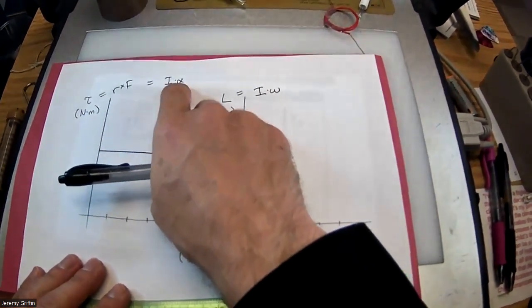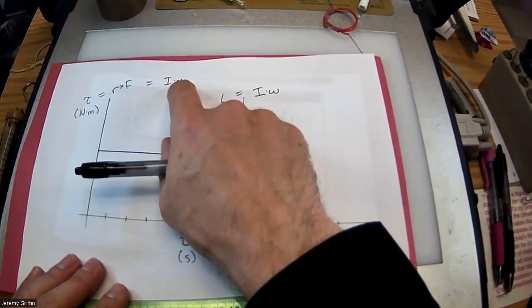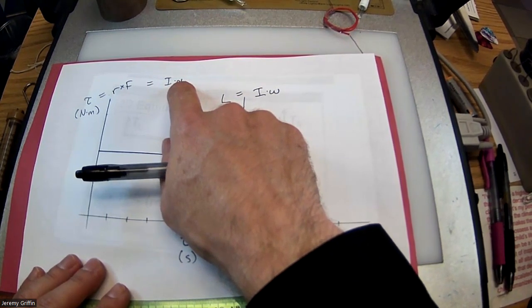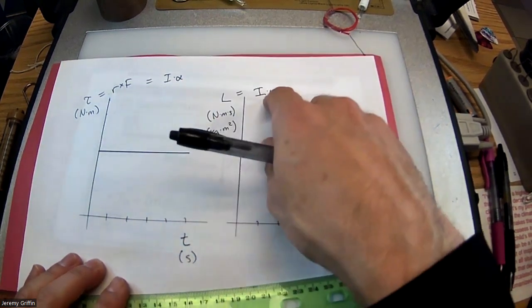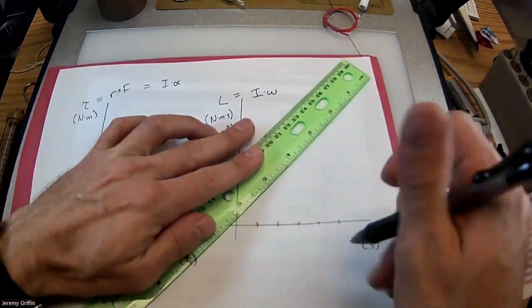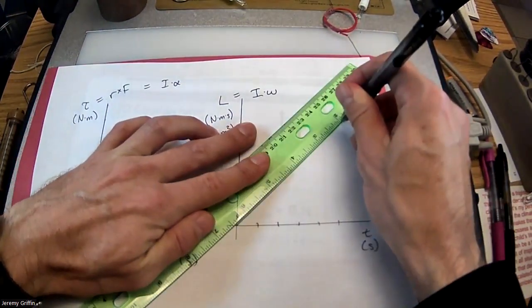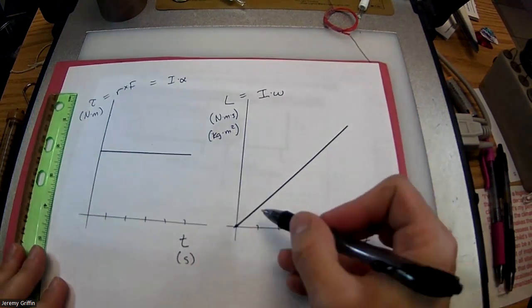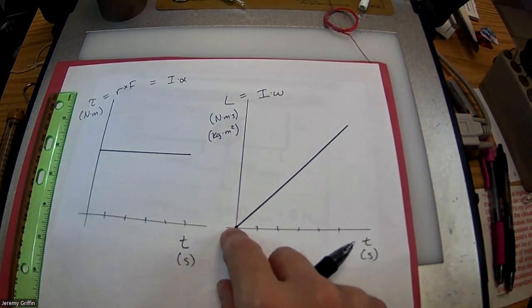I is constant again, which means that alpha would be constant, and if alpha is constant, then omega versus t has got to be linear. Therefore, this is also linear. And I have it starting at rest. That's the last detail: if it starts from rest, then this point would be 0.